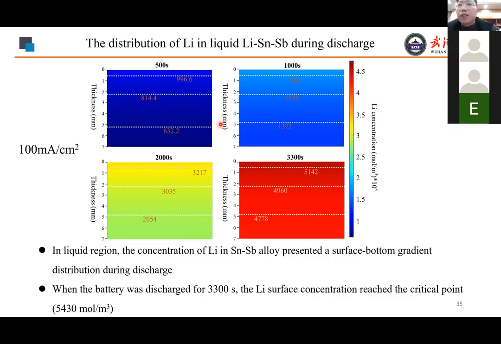The concentration presents a gradient distribution from surface to bottom. When it was discharged for 3,300 seconds, the surface concentration reaches the critical point, and we can find that the concentration gradient will still present.